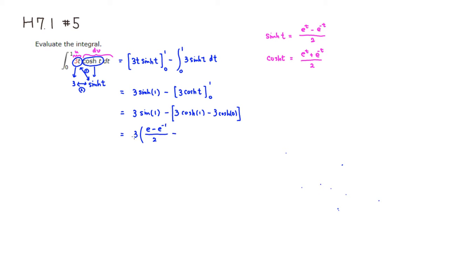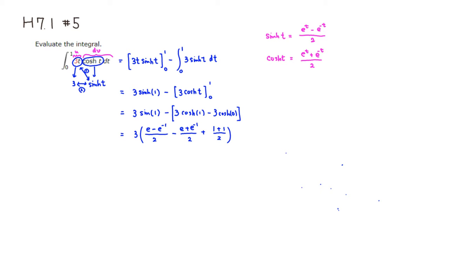This 3 is already pulled out. So hyperbolic cosine of 1 is e to the 1 plus e to the negative 1 over 2, then minus minus plus. And hyperbolic cosine of 0 is e to the 0, which is 1, plus e to the 0, 1 again, over 2.